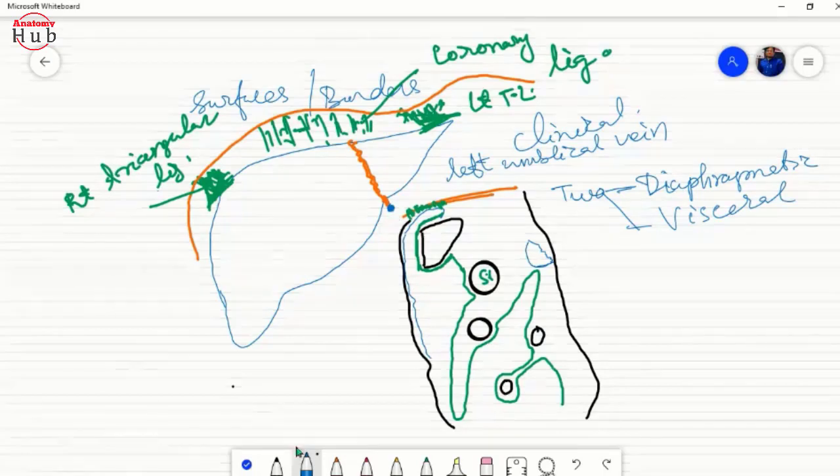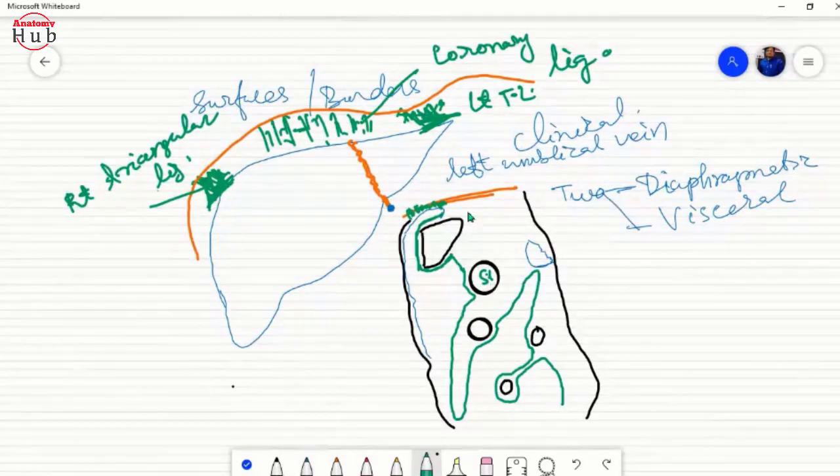Fine. Then here you will see another fold of peritoneum that is coming from this region, right? So this is your parietal peritoneum. It is coming towards the liver. Then it reflects back as a visceral peritoneum, covering the liver, right? Then it goes towards the stomach, covering the whole of the greater curvature of the stomach, right?